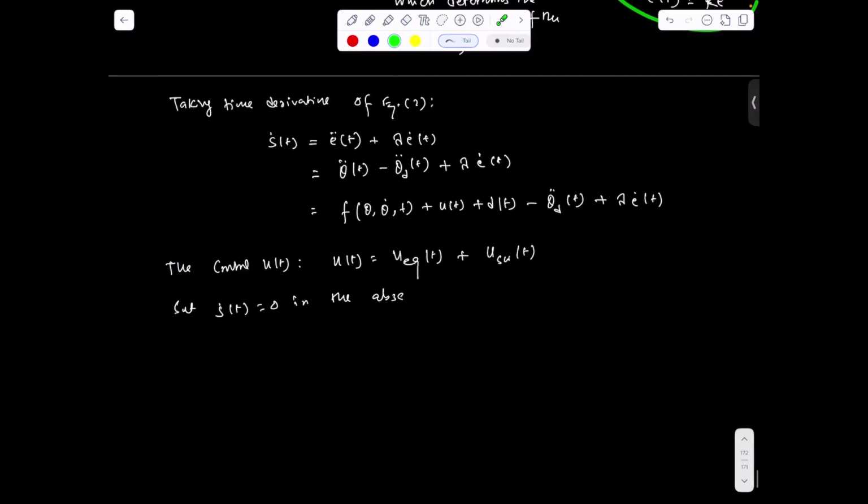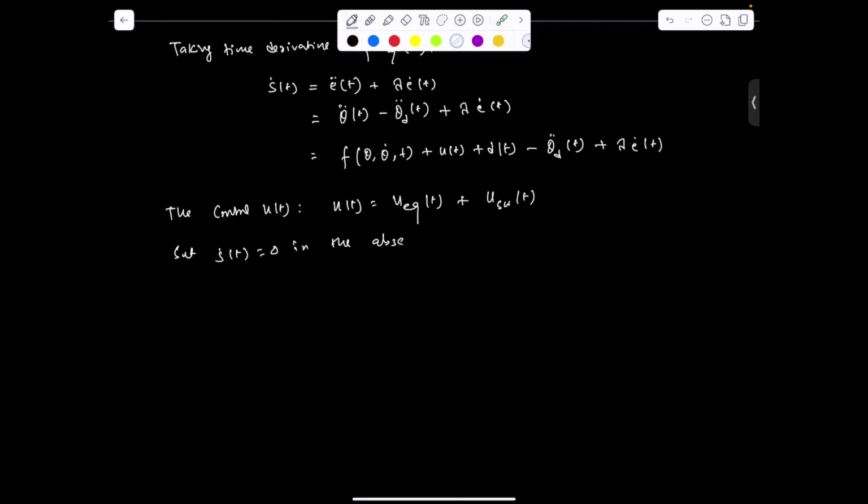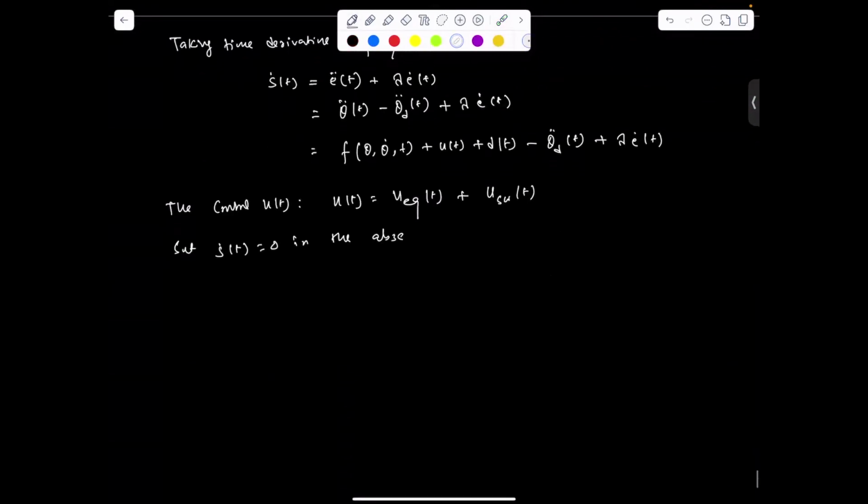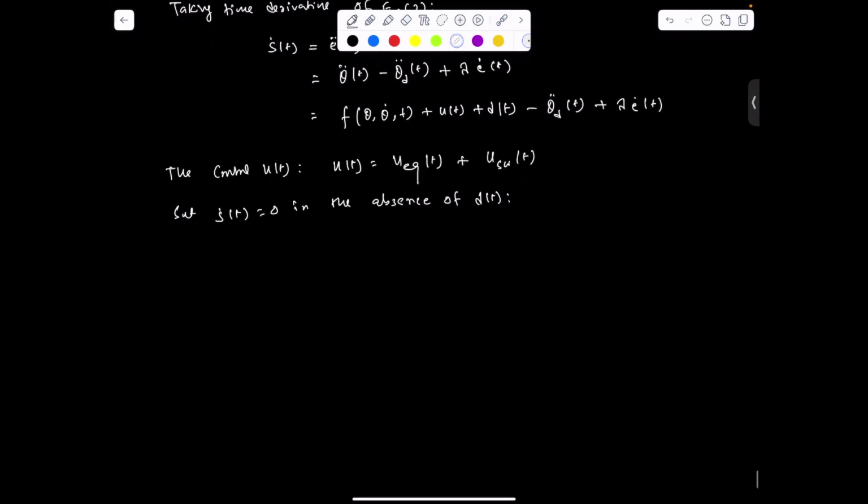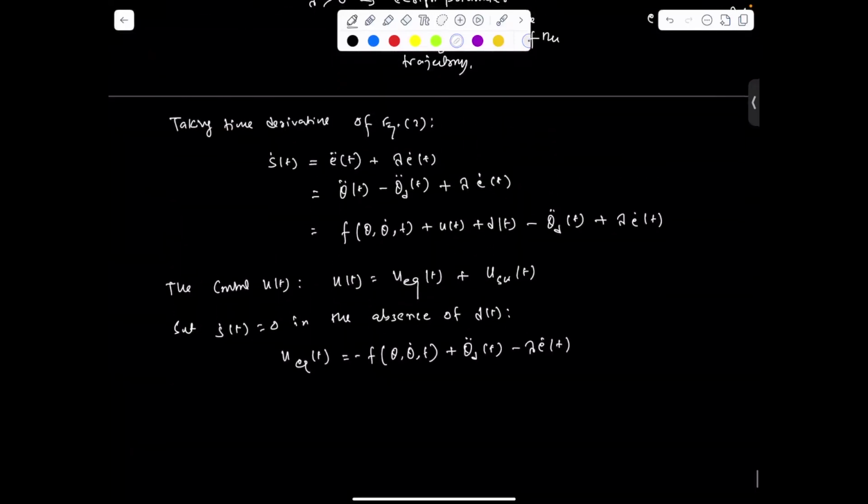So we can write U EQ of T as minus f theta dot t plus theta dz double dot t minus lambda e dot t. Simply you can write from this equation.